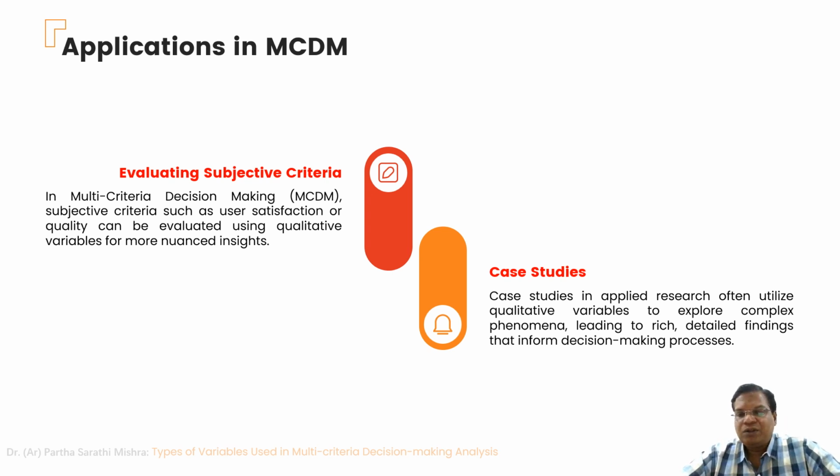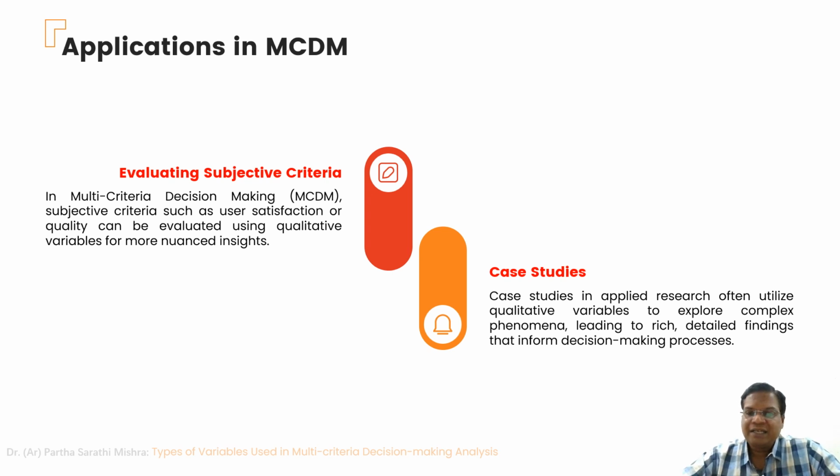So to get into the details, we can have survey questionnaires and that kind of variable data, and we can do it. For example, case studies. Case studies in applied research often utilize qualitative variables to explore complex phenomena, leading to rich, detailed findings that inform the decision making process.